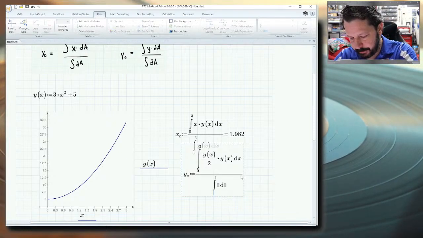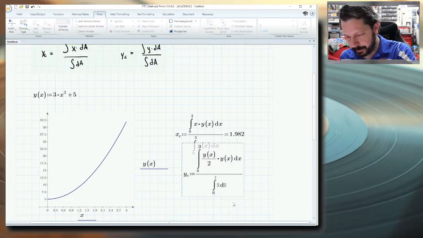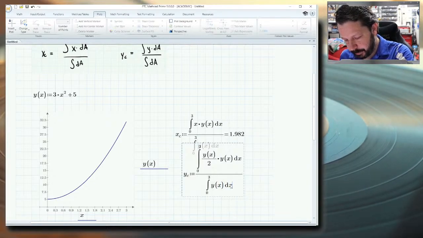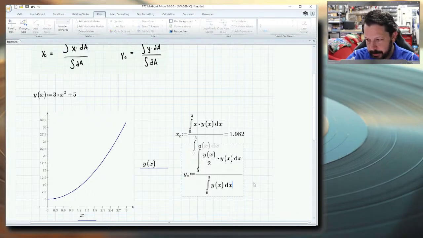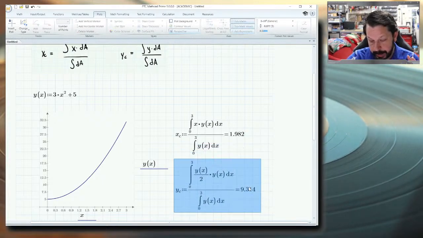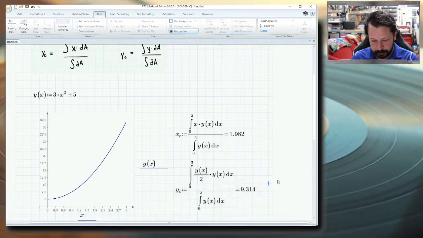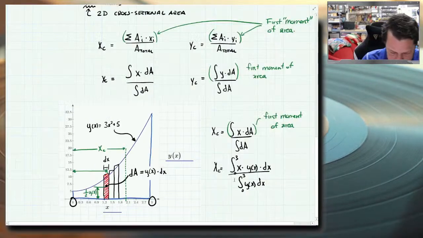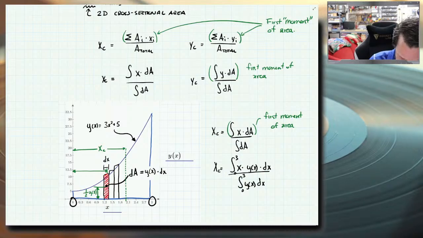It doesn't matter if I do x or y here, so I can just do 0 to 3 y of x dx. So this equation, when I evaluate it, should give me where to put the y coordinate, 9.314. So that looks like there's 10, so it's right underneath there.